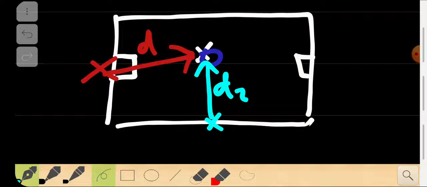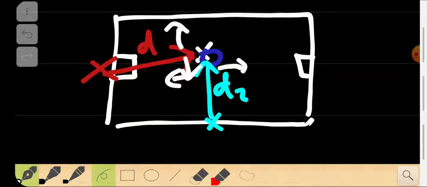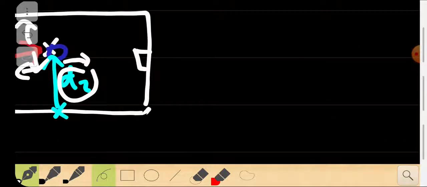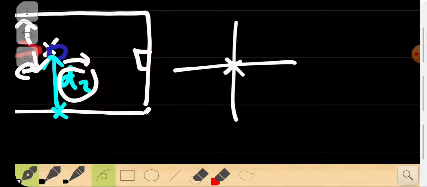If you rotate this vector to either direction, you won't get the same point, right? And the distance will change. It will only meet at one point. Two lines meet at one point at a specific distance.